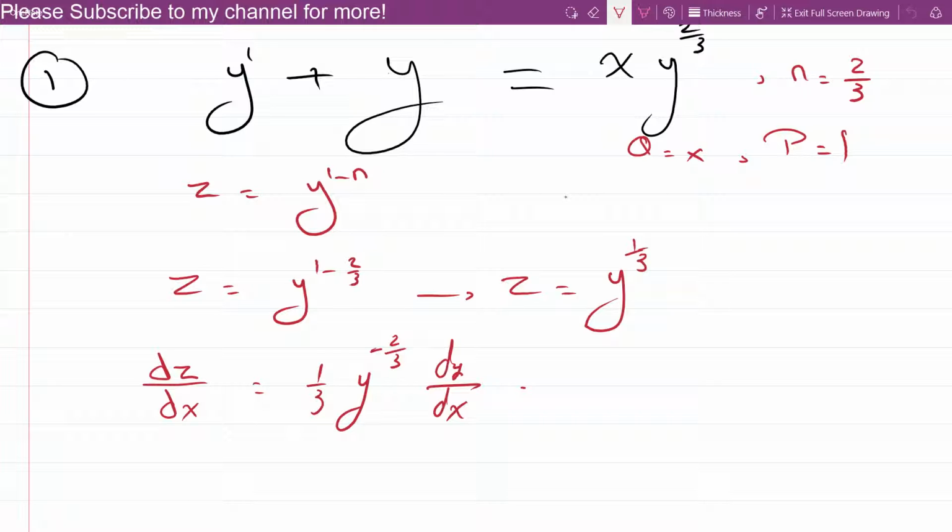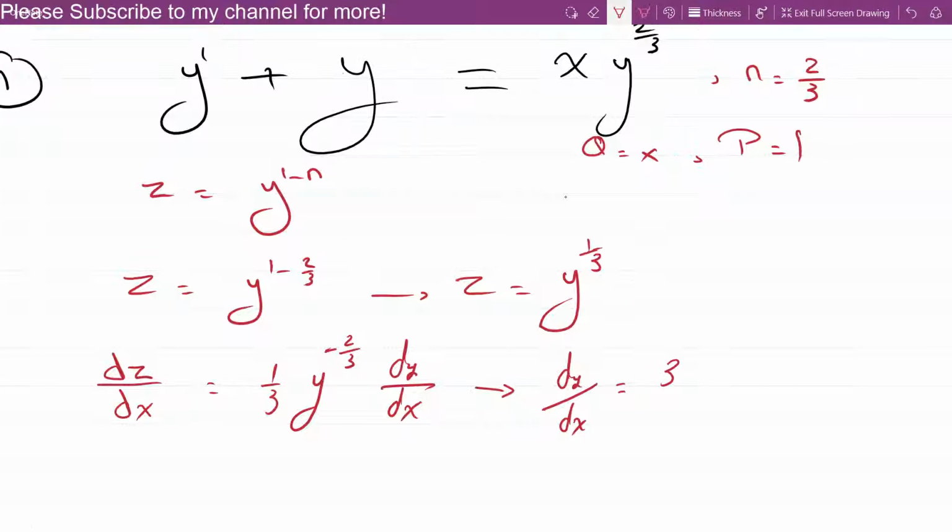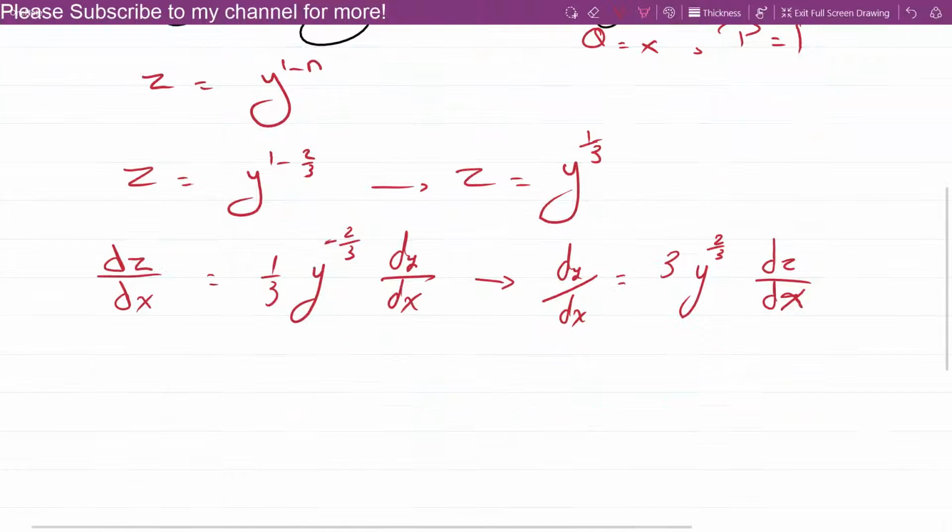Which means if I solve this for dy over dx, I will get 3y to the 2/3 dz over dx. I divided both sides by 1/3 y to the negative 2/3. I brought the y to the negative 2/3 upwards to the numerator.